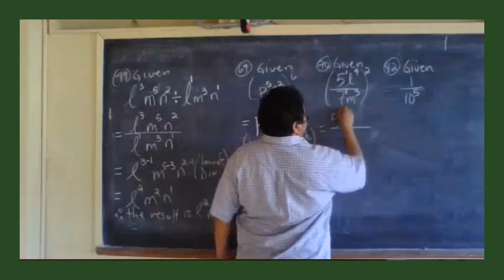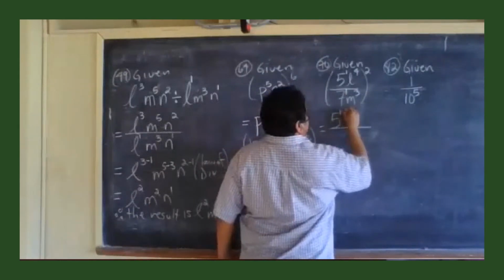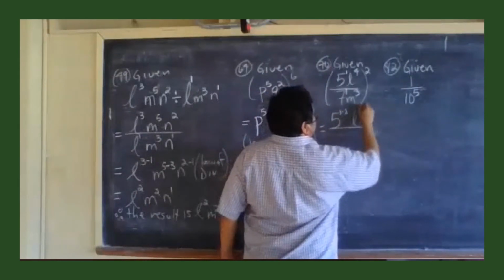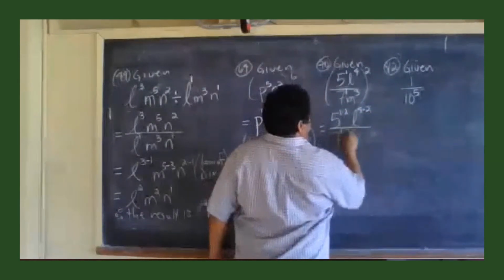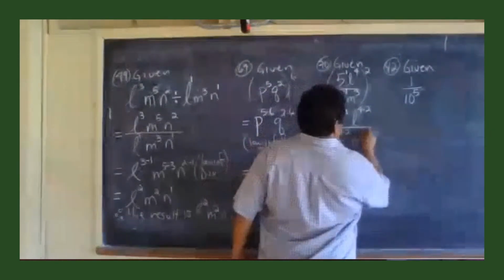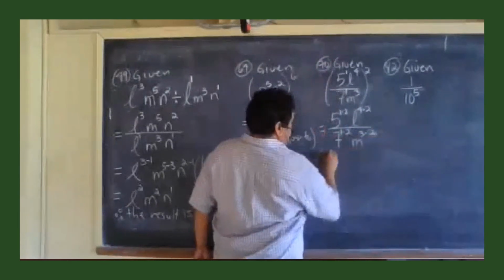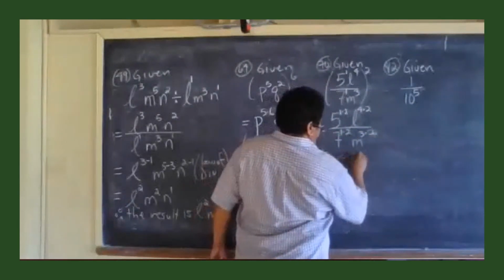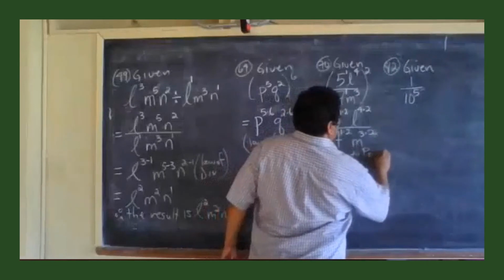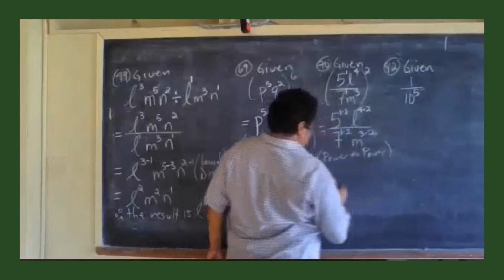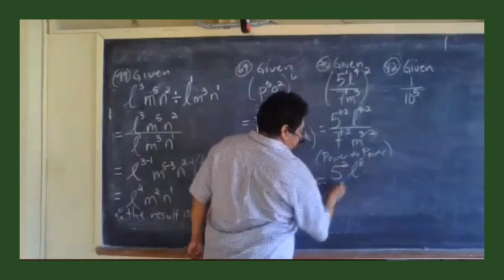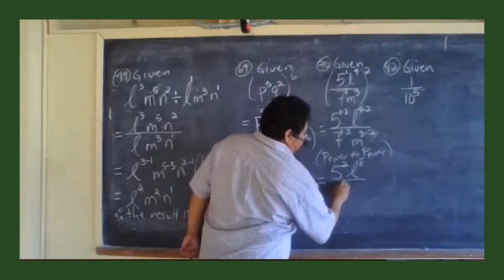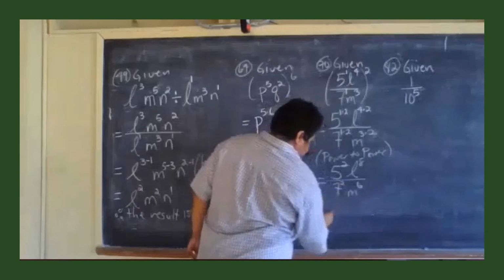So 5 to the 1 times 2, L to the 4 times 2, 7 to the 1 times 2, and M to the 3 times 2. And that is power to power, which is going to give me 5 to the second, L to the 8, 7 to the second, M to the 6.